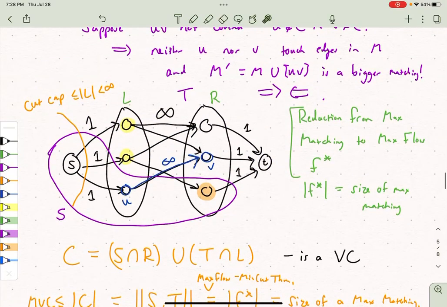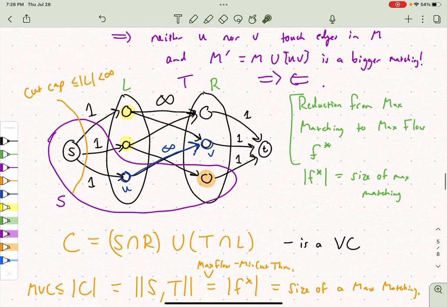So in particular, like I said, the infinite capacities are not necessary if you just want to compute the size of a min vertex cover. But if you actually want to find a specific cover, construct the solution, then the infinities are necessary because you need to use this formula to construct it. So if we wanted to be more correct, the purple, this is not a valid cut, or at least it's not a valid min cut.